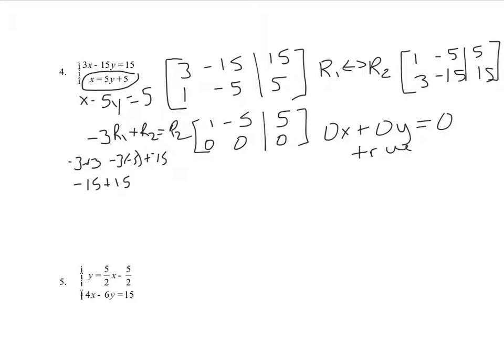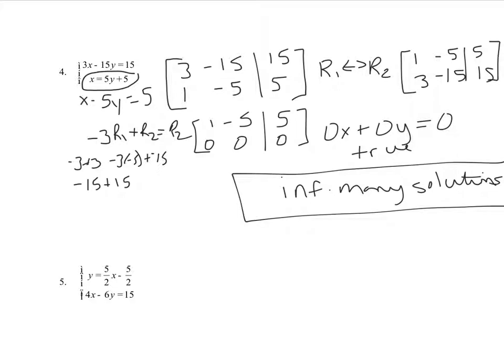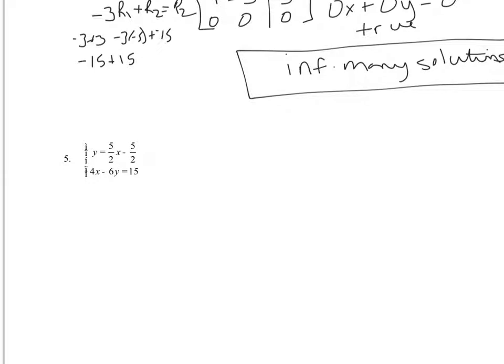So the solution on this is not no solution. Instead, it will be infinitely many solutions. So just like we saw with substitution and elimination, we can have no solution or infinitely many solutions as we're working with these. Now I do need to show you something a little bit different.